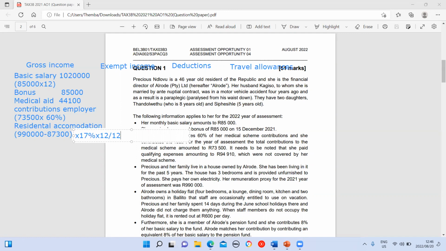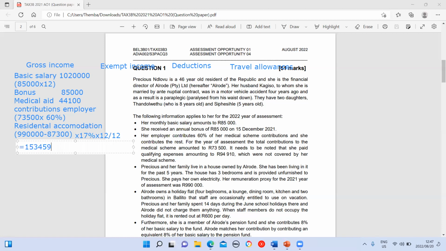So 990,000 minus 87,300 equals 9,700 times 17%, and that is just times 1, so you don't need to consider it, it's just 12 over 12. So the final answer will be equal to 153,459. And this will be included in your gross income.